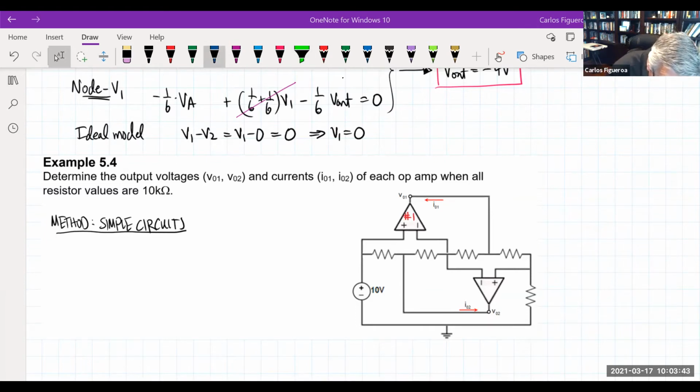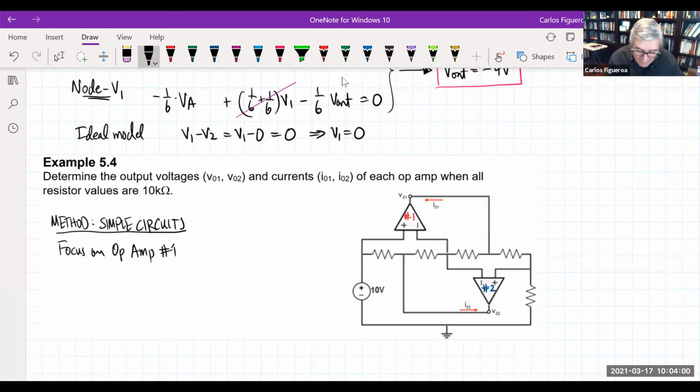So I'm going to label these with different colors. So what I want to do here is that I'm going to focus on op amp number 1. So let's go do that.